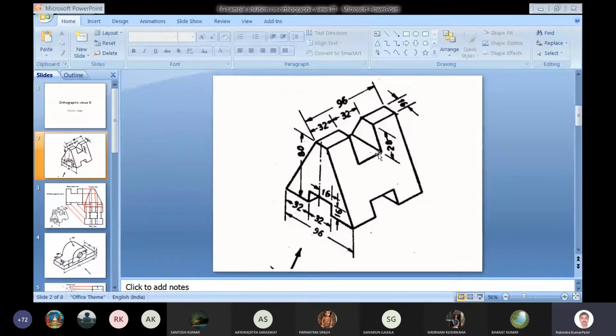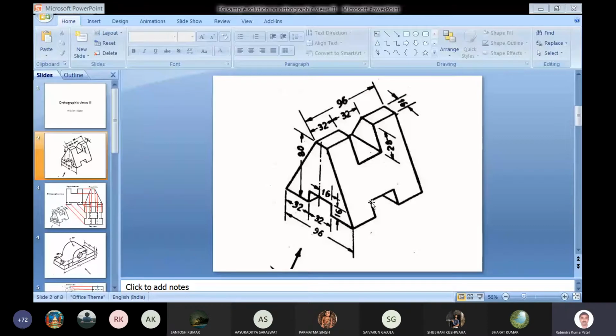And in the two slots, one which is passing from the right to left, this slot can be seen from the top. When we draw the top view, we will be able to know that the two hidden edges are passing from these two corners.